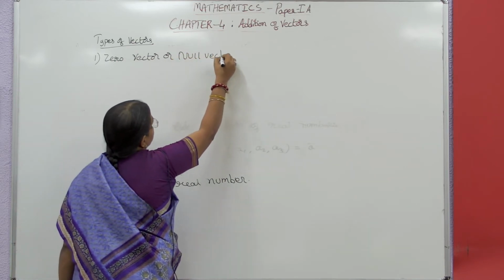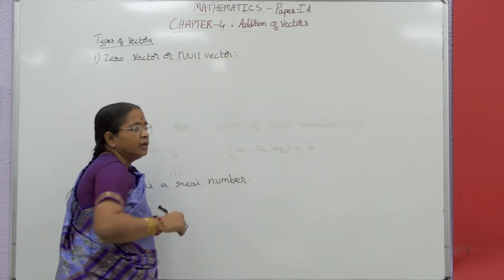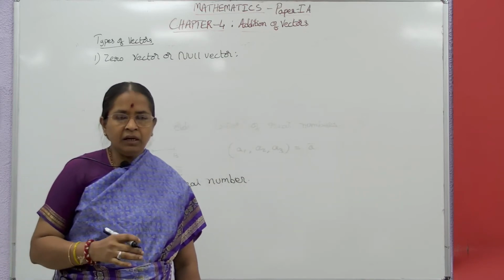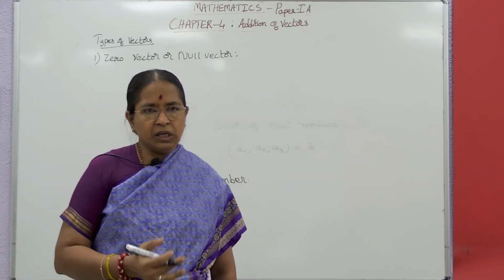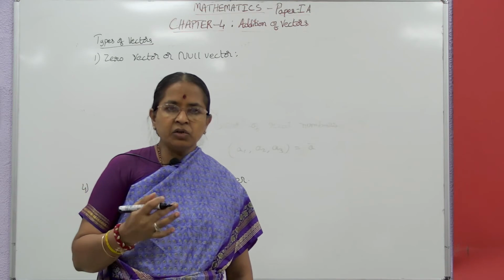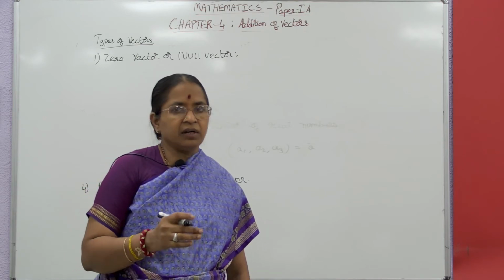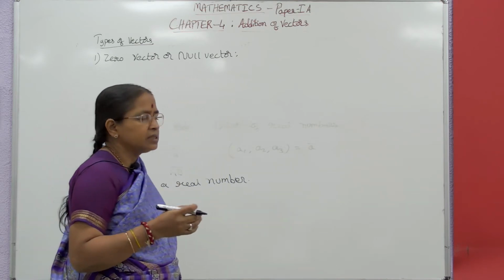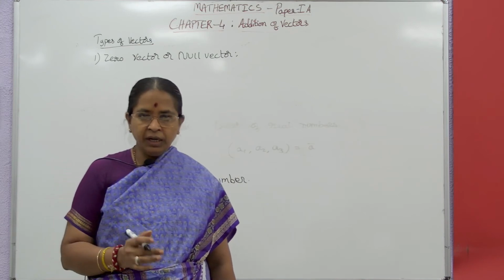So what is this zero vector or null vector? It is a vector whose magnitude is 0 and there is no specific direction for that vector. Its magnitude is 0 and it can have any direction.